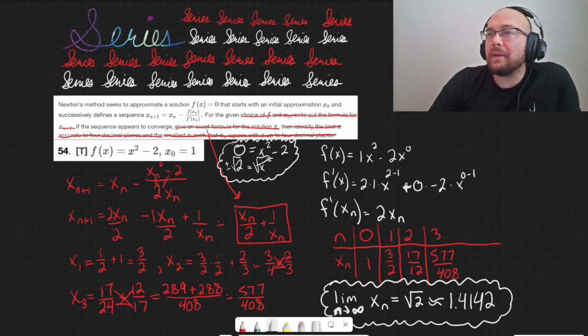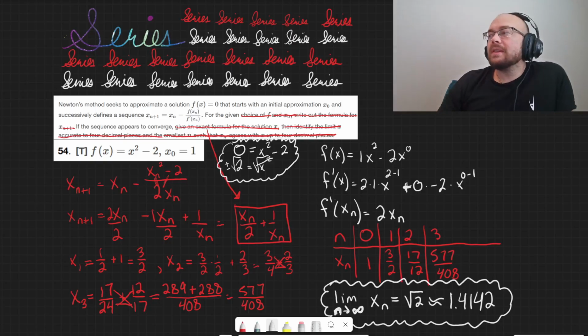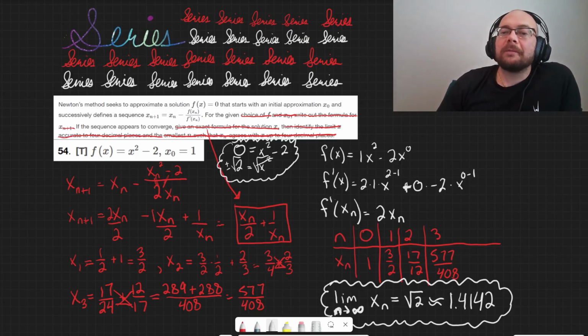Again, I don't know that for sure, but if you look at the decimal approximation, I have it pulled up over here. The decimal approximation of 577 over 408 is actually 1.414215 and so on.